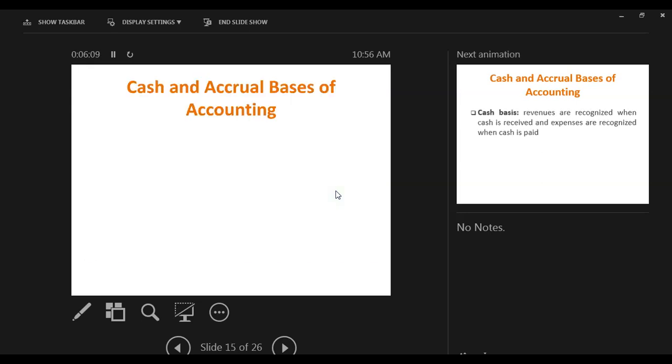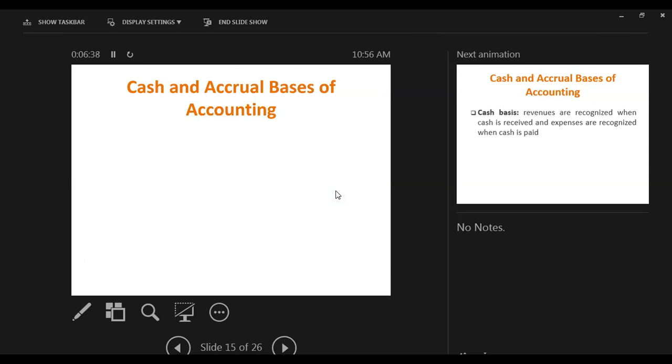Now, these concepts are very, very important for the cash flow statement. I believe that in your Principles of Accounting 1, you already learned the difference between the cash basis of accounting and the accrual basis of accounting. These 2 concepts are very important in accounting, so as you are learning accounting, you should know the differences between cash basis and accrual basis.